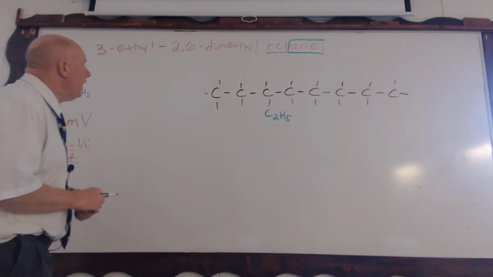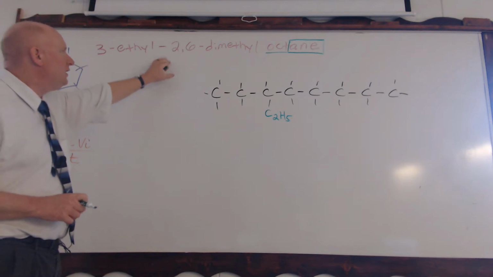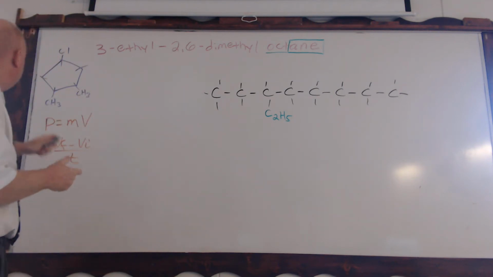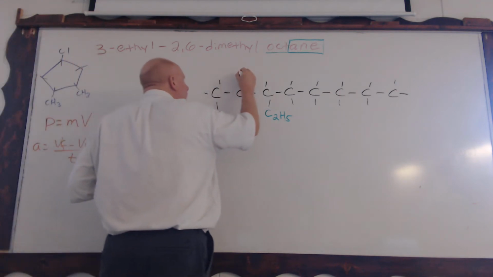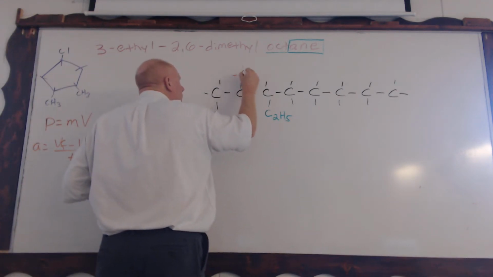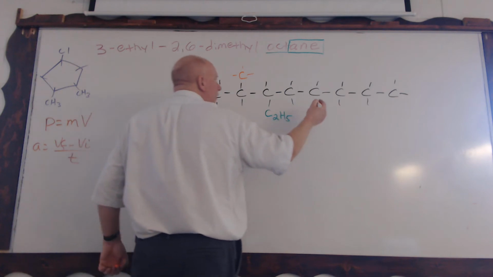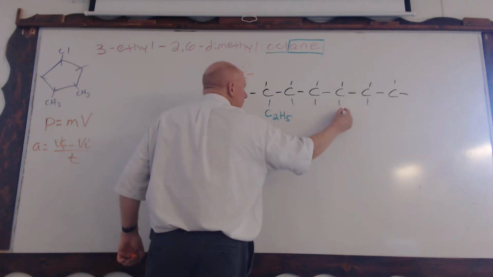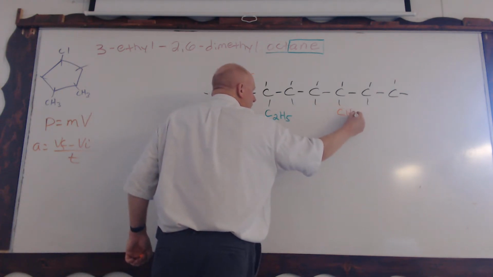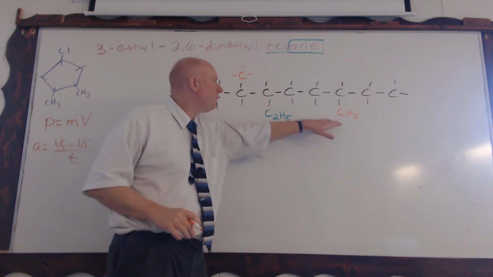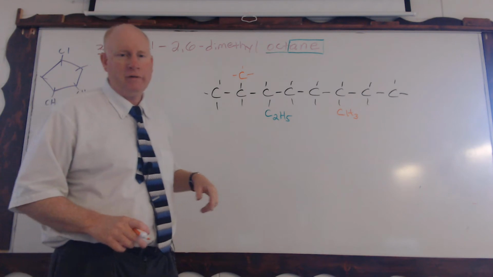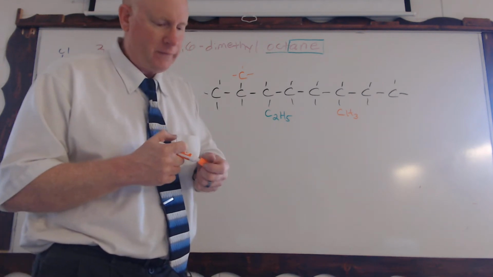And then on our second and sixth carbons, we see those are methyl groups that are located here. Or if you want to write it, for instance, as this. Okay, again, those mean the exact same thing. Here's a molecular formula. There's a structural formula for a methyl group.